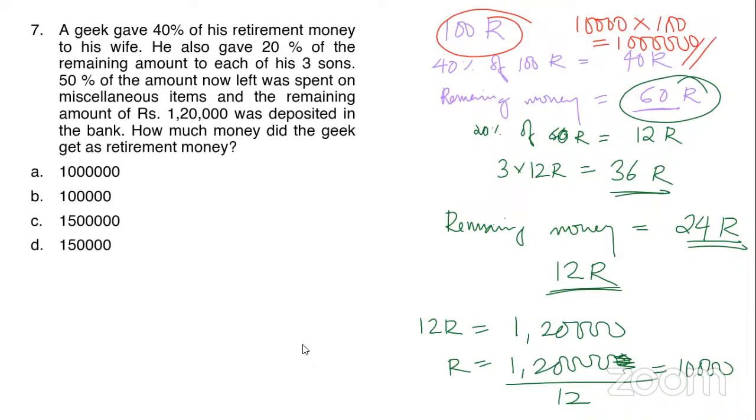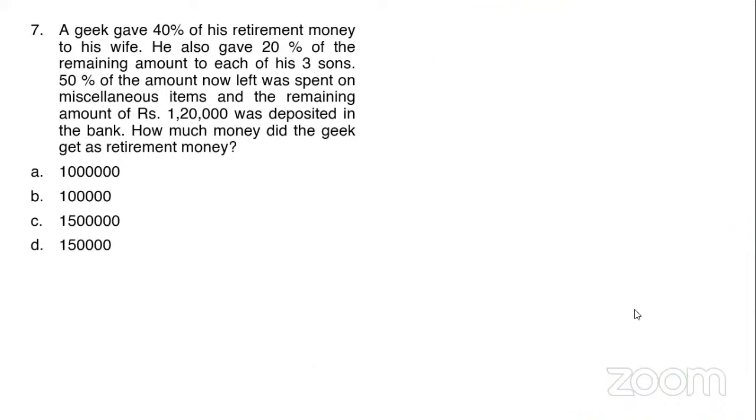Is it clear for everyone? Shall I move on to the next question? We have done similar questions in our class, right? We have assumed and found the answer for many such questions.